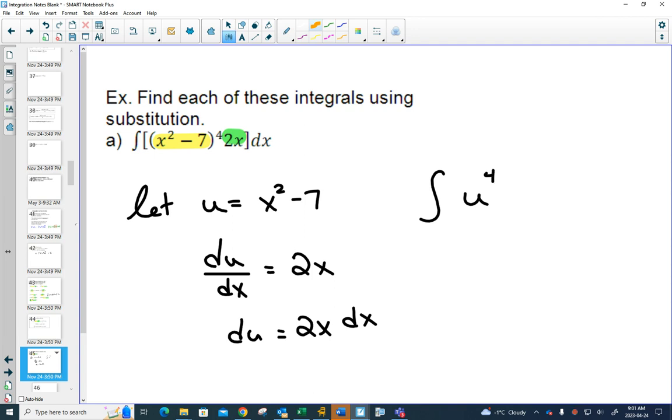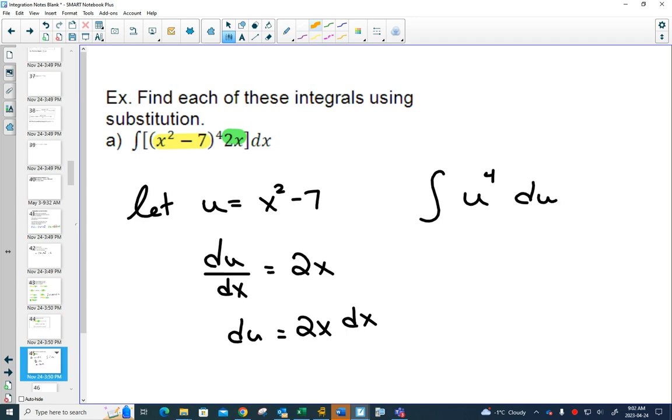And then instead of the 2x and the dx, I'm replacing the 2x and the dx with du. And what we've succeeded in doing is changing what looked like a complicated integral to an integral that you know how to do as one of your easiest ones.